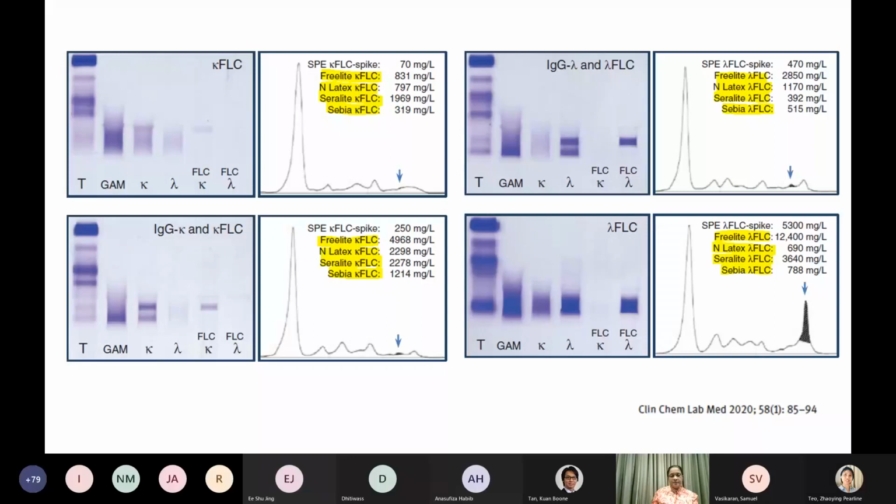Similarly, for this patient with lambda free light chain, the concentration could range from 690 to 12,400 on Freelite assay, and the electrophoresis densitometric measurement was around 5,300. So it is very clear that you can't use different methods to monitor patients.